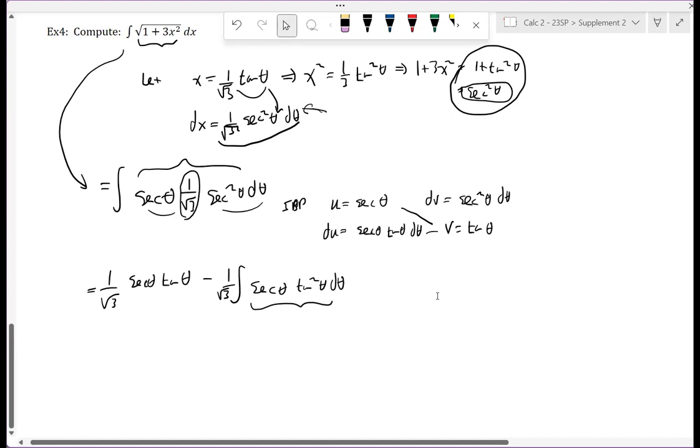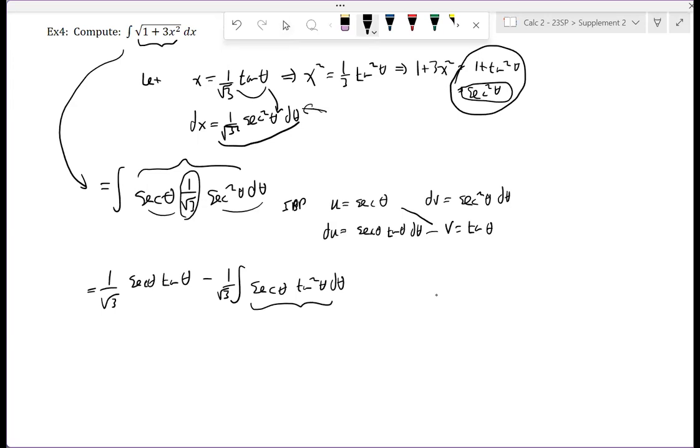All right, so let me try to switch this integral into all secants. Okay, so I have the integral of secant squared tangent squared d theta. So I'm going to use my Pythagorean identity here.